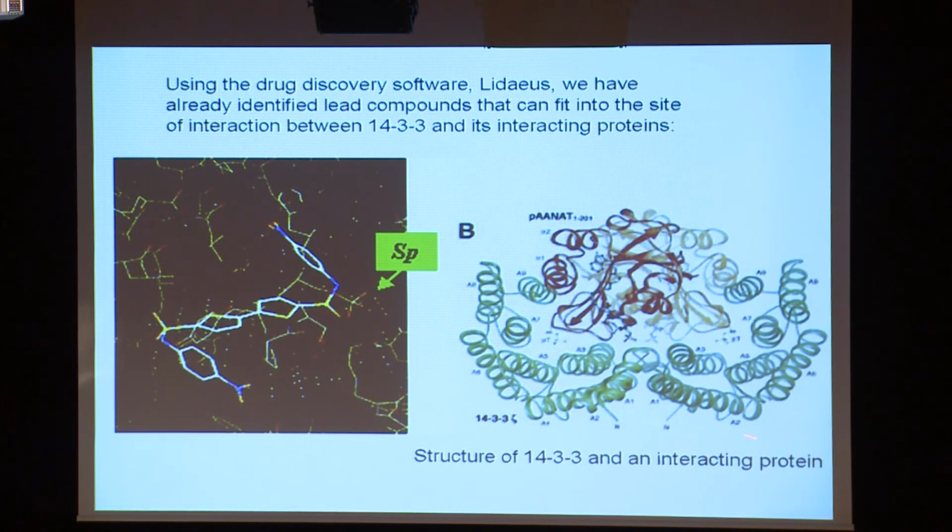In this case, here's the protein with an actual interacting protein binding to phosphorylated motifs. And this is one of the high-scoring non-peptide binding components overlaid on the phosphoserine binding. So we've identified lead compounds that can fit into the site of interaction between the protein and its interacting proteins.